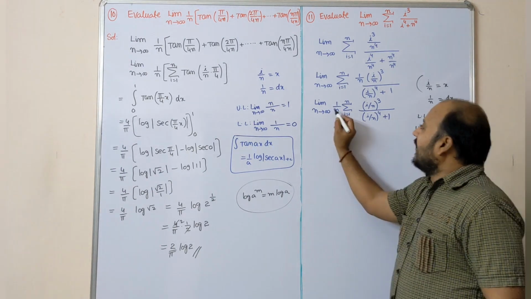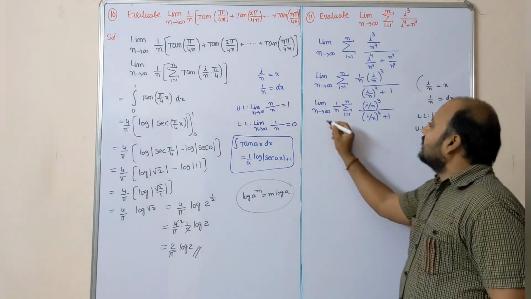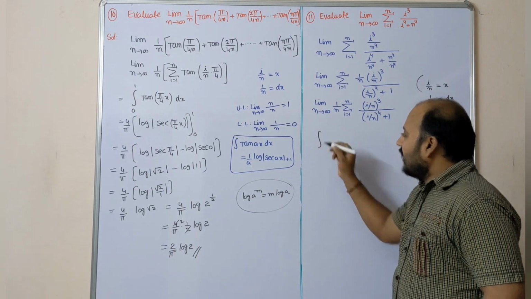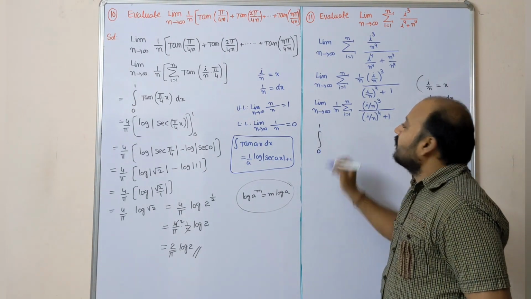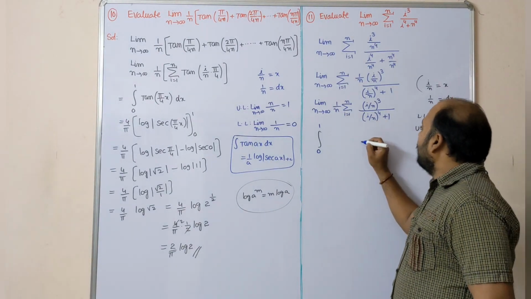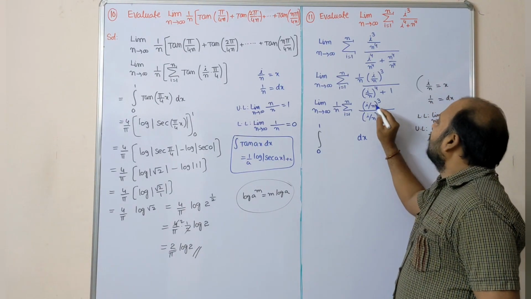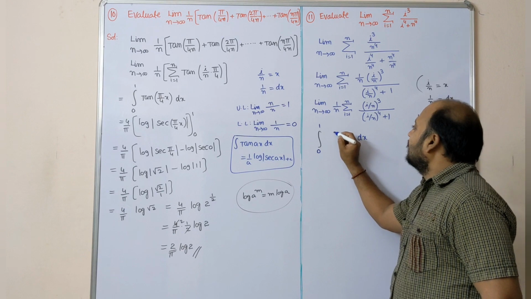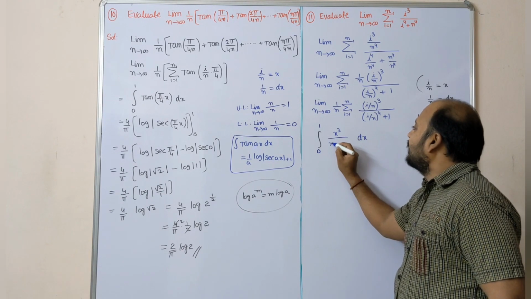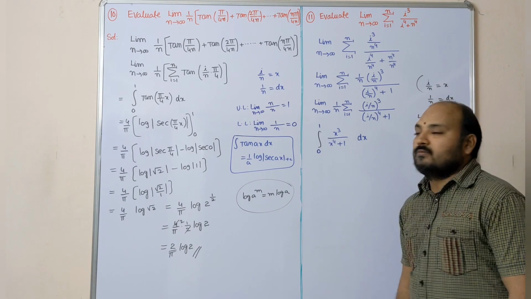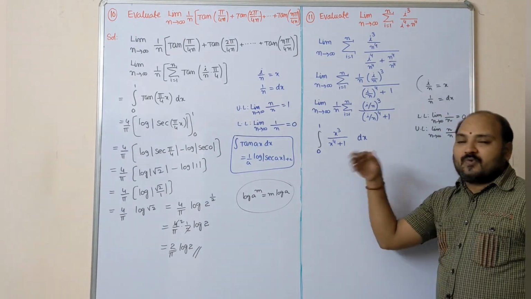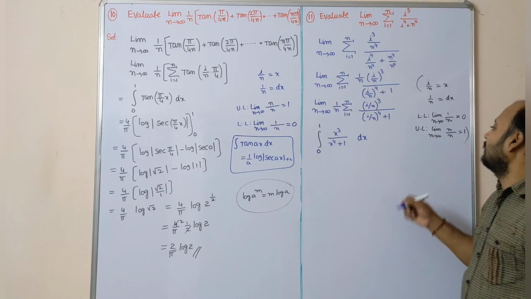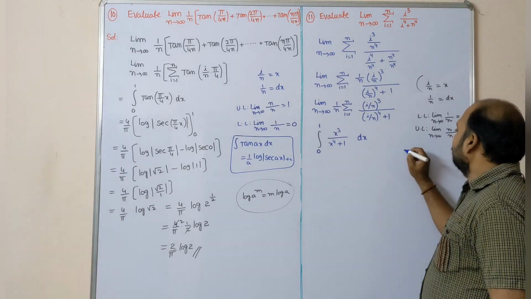So now in place of 1 by n and the summation, integral 0 to 1, i by n value is x, dx. x power 3 by x power 4 plus 1. For this, what is the derivative of 1 plus x power 4?